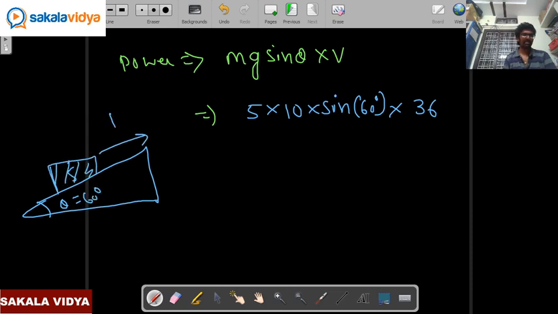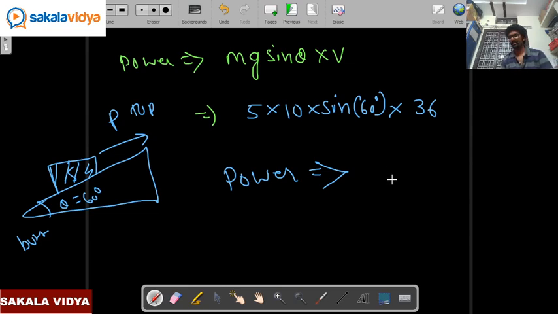What is the power required to pull this block from bottom edge to top edge? If we solve this, power is equal to exactly 1.55 kilowatts.